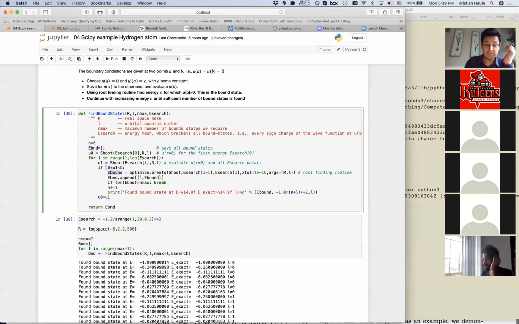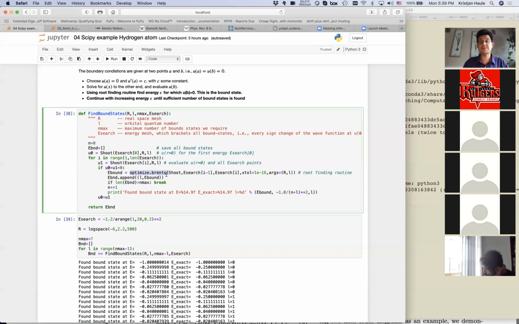Okay, so once we see that there is a sign change, then we know that between this previous point, E-search i minus 1, and E-search i, there is one bound state. So therefore, we're going to use one of the methods for finding 0 and evaluate precisely what the energy of the bound state is.